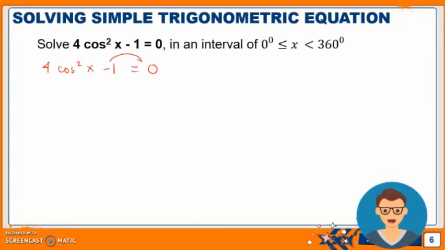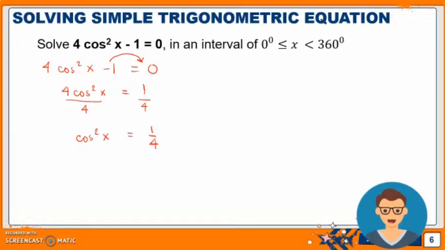Applying the addition property of equality, we have 4 cosine squared x is equal to 1, and divide both sides by 4. So that is cosine squared x is equal to 1/4.